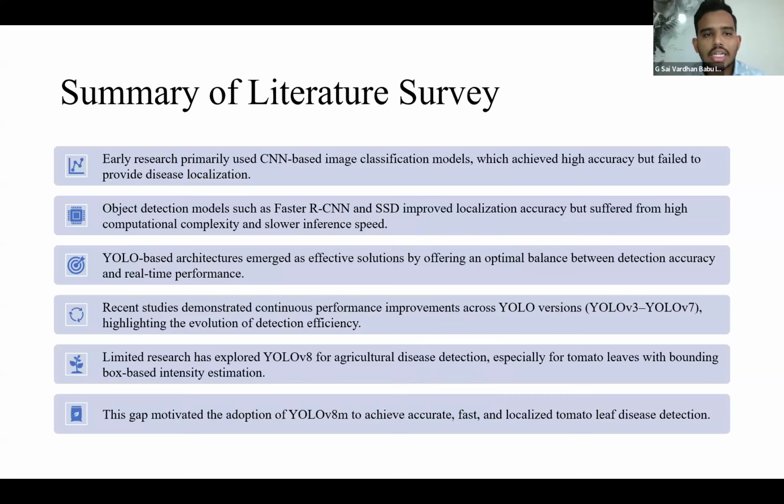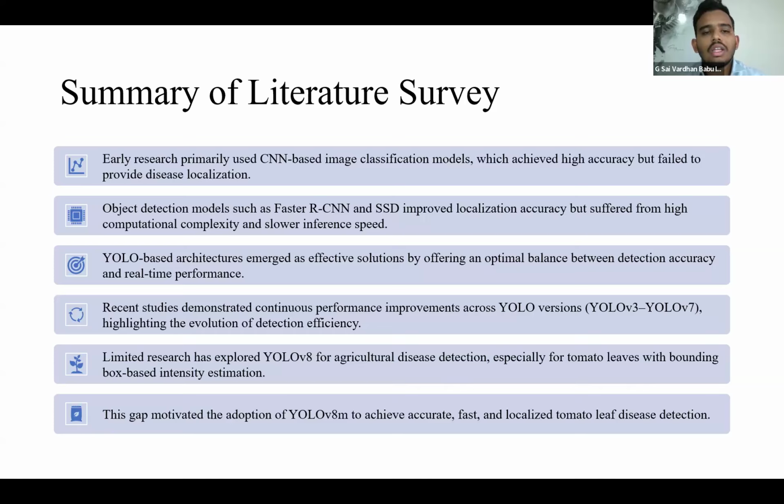Based on our literature survey, we went through different papers and understood that there were different CNN-based models, which were primarily binary classification models. That is, when we upload an image of a tomato leaf, they tell whether the leaf is infected or healthy.